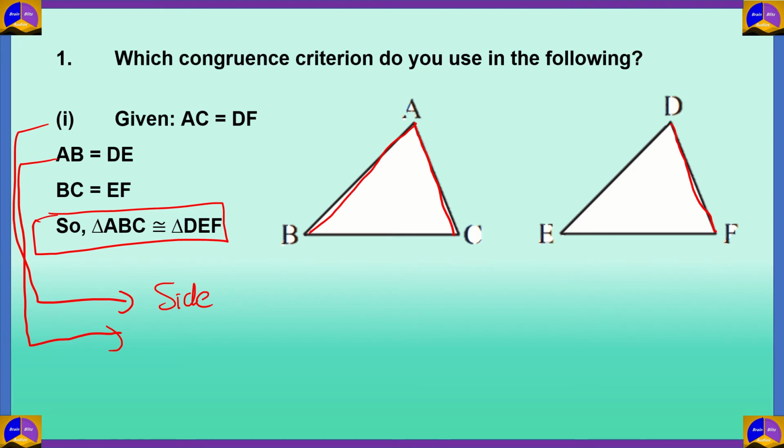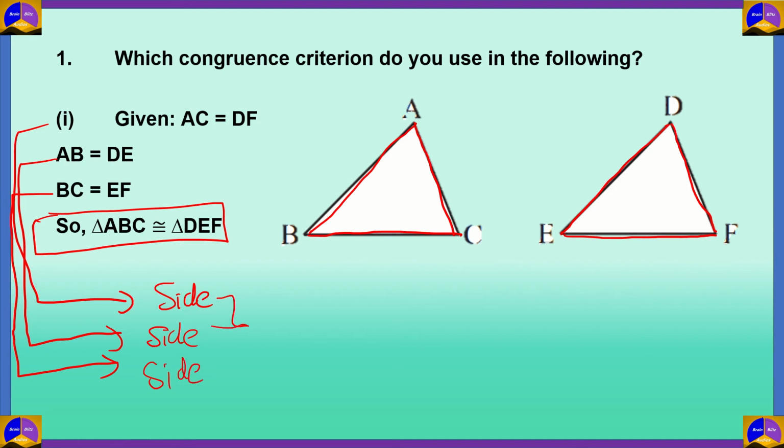AB and DE are sides of the triangle, so we write side again. Then we have BC is equal to EF. BC and EF are sides of the triangles, so we write side.